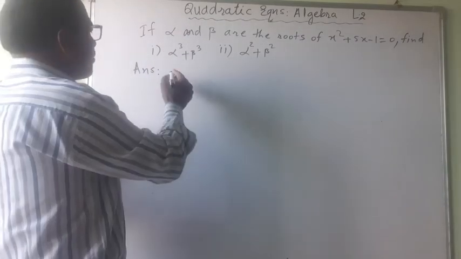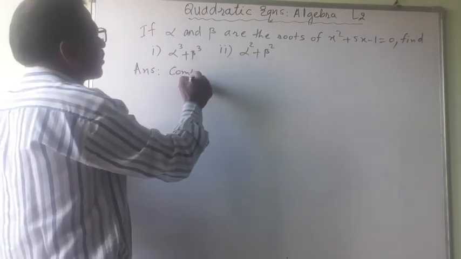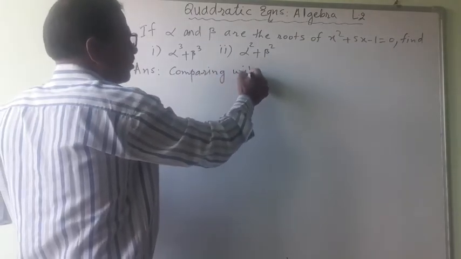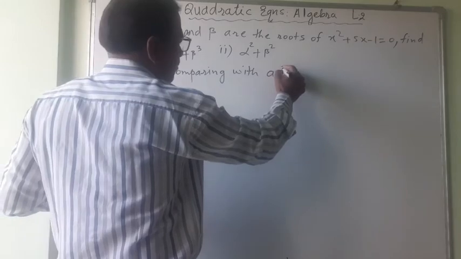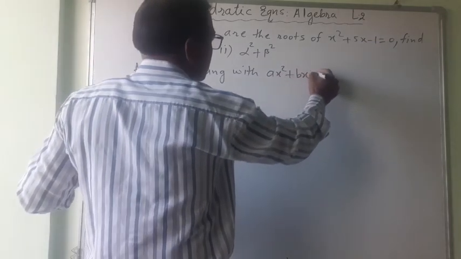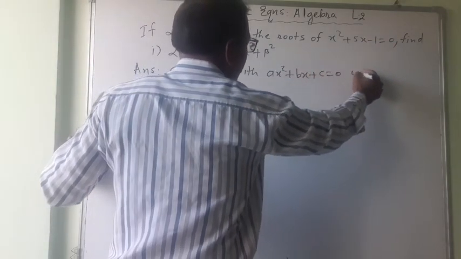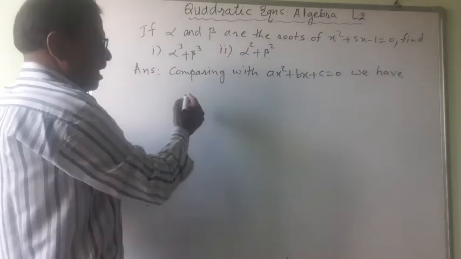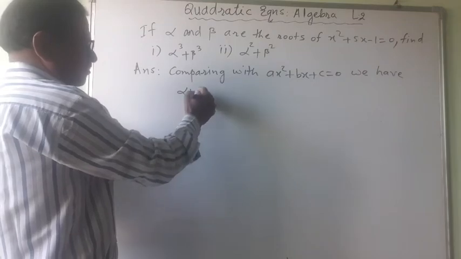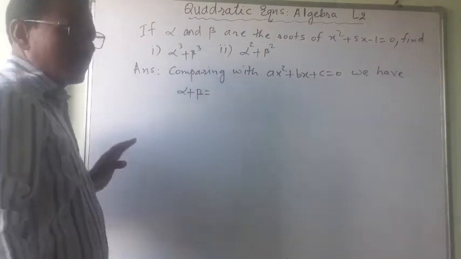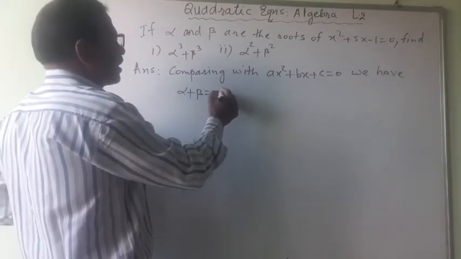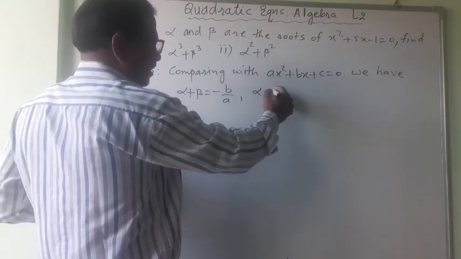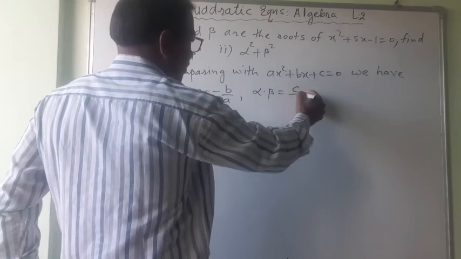This equation comparing with x square plus bx plus c equal to 0, we have alpha plus beta is equal to minus b upon a, and alpha into beta is equal to c upon a.